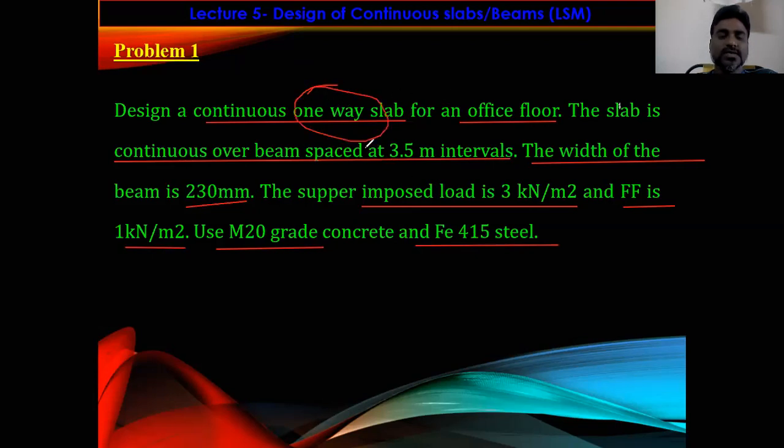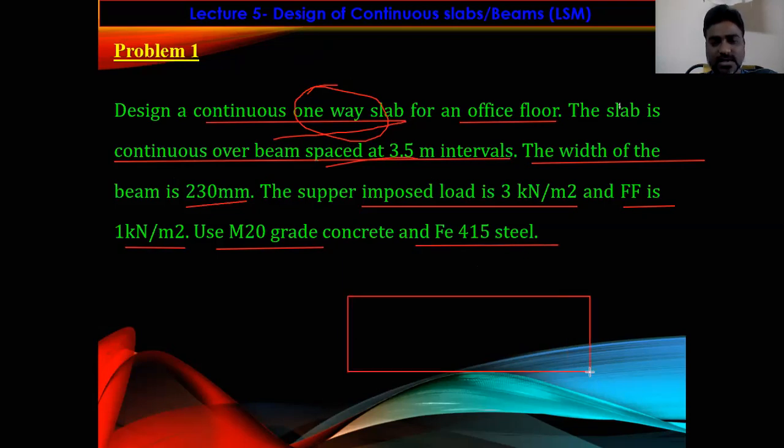So you need not check whether it is a one-way slab or a two-way slab, because the problem clearly says that it is a one-way slab. And the slab is continuous over beams spaced at 3.5 meters. Suppose this is a continuous slab, and the beams are spaced at a distance of 3.5 meters center to center.